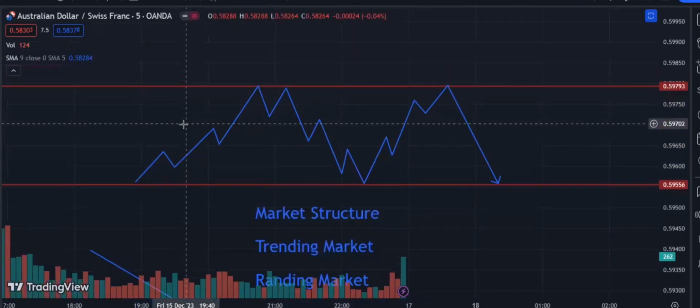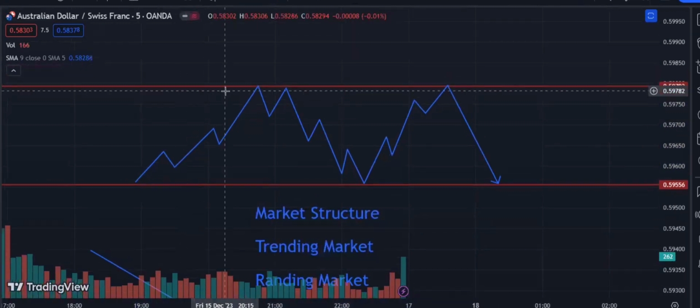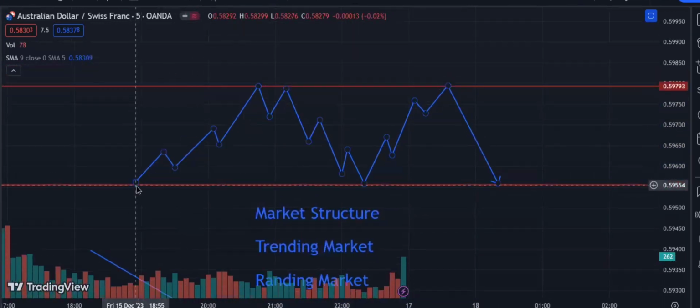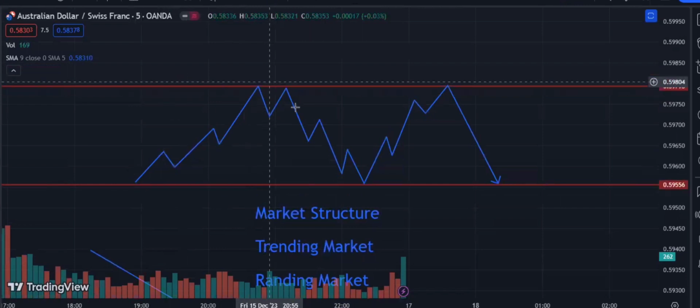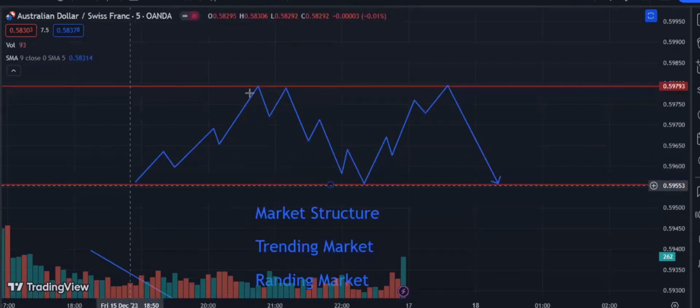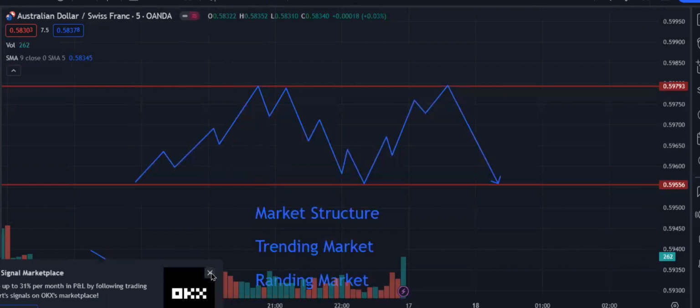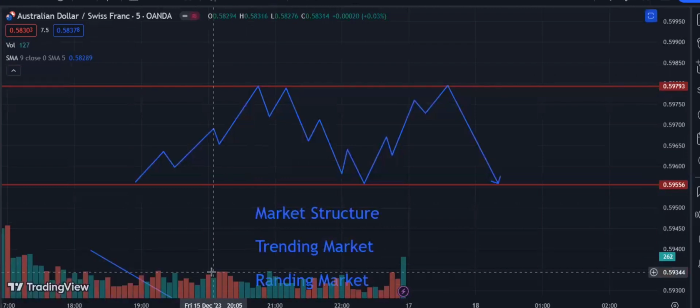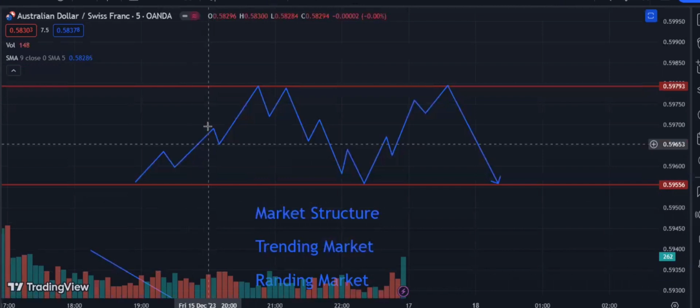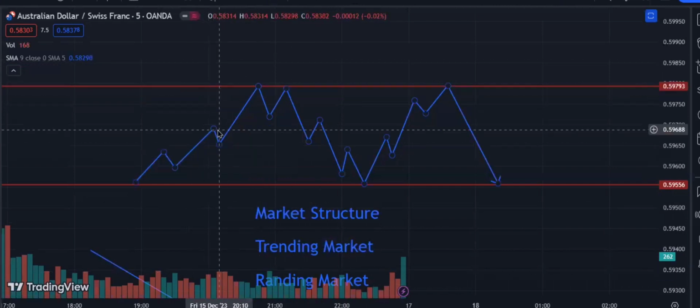So in a ranging market, we have financial markets making an up and down movement. It just goes up and down within a range or within a space. They are often called sideways markets.